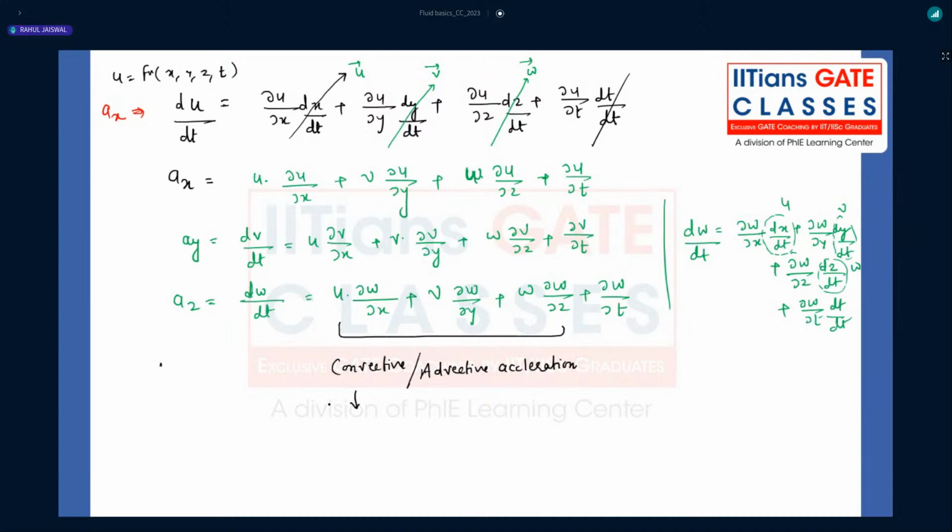Now, if I write a simple definition, it is the acceleration because of change in velocity with respect to space or position. What about this? This is nothing but local acceleration.